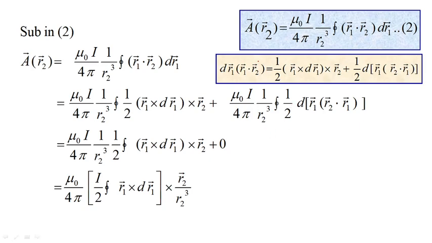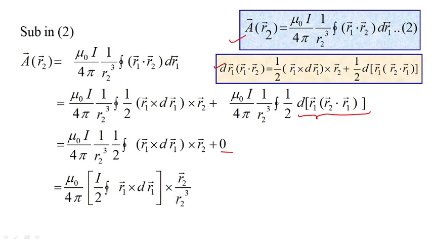See, this we have in equation 2, and this we have found, and we substitute here. Now next what happens is, in this term, integral of d of something and loop integral, it will become 0. So this is 0, and it turns out to be like this: mu naught by 4 pi. We write I by 2, and integral of r1 cross dr1 and cross r2 by r2 cube.